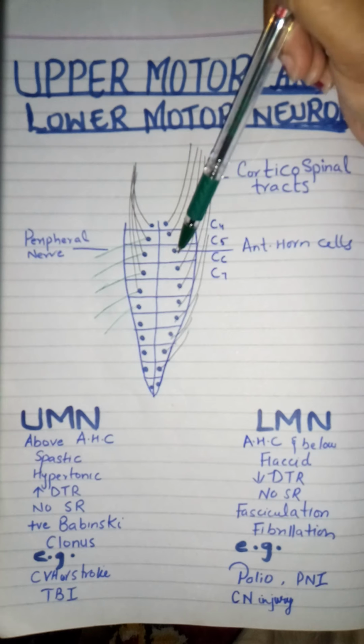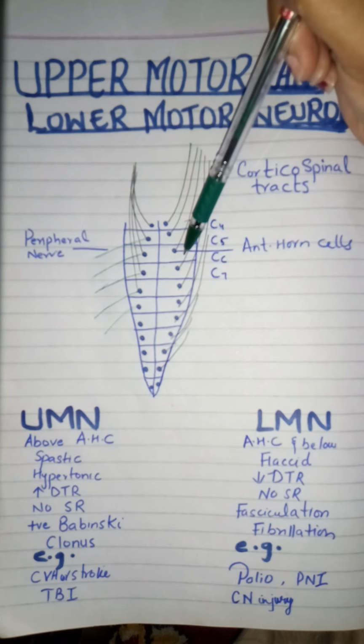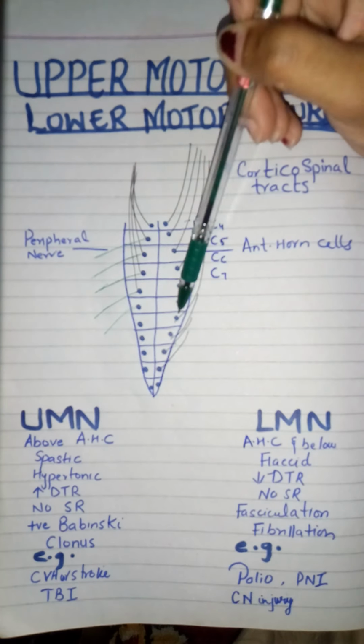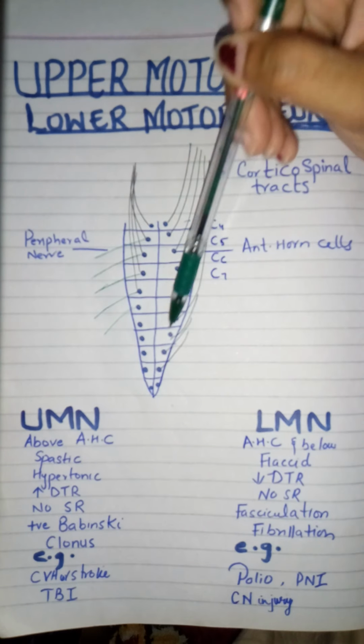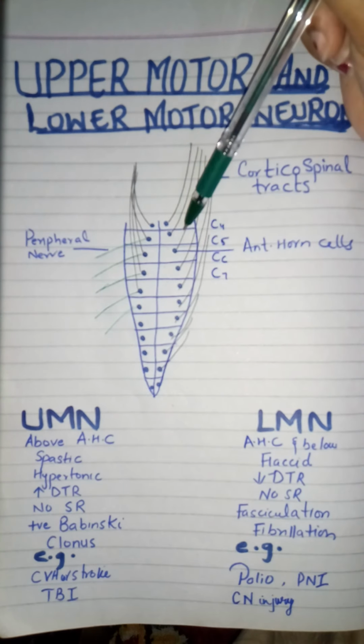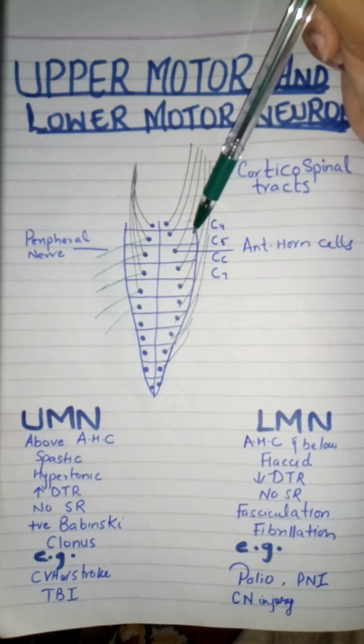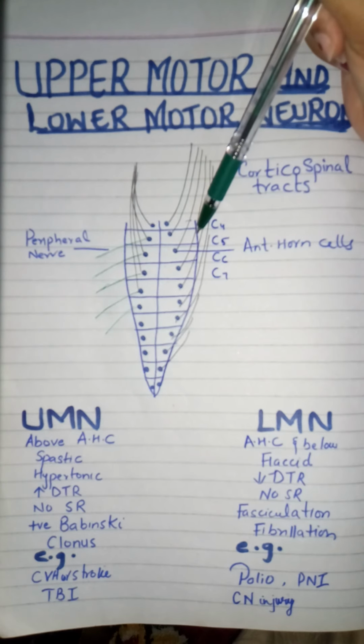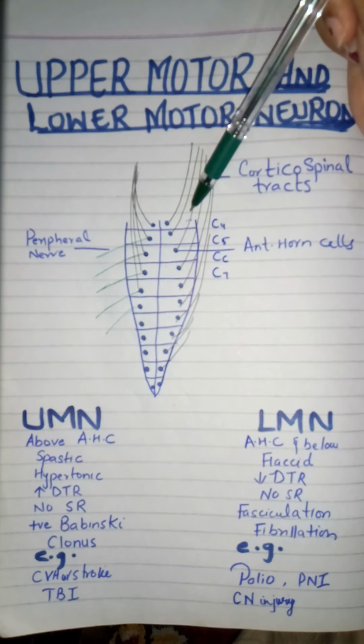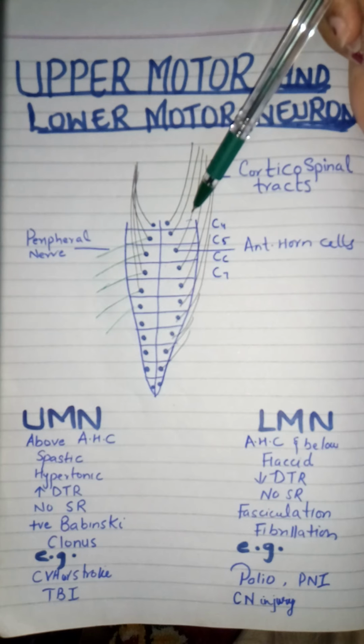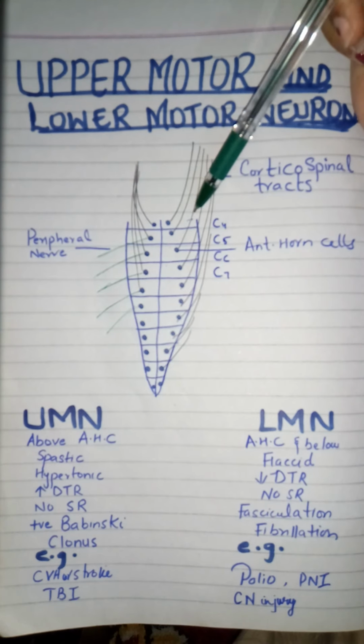So below C5 all the levels of the spinal cord will show upper motor neuron disorder, at the level of injury it will show lower motor neuron disorder, and above the level of injury everything will be fine.